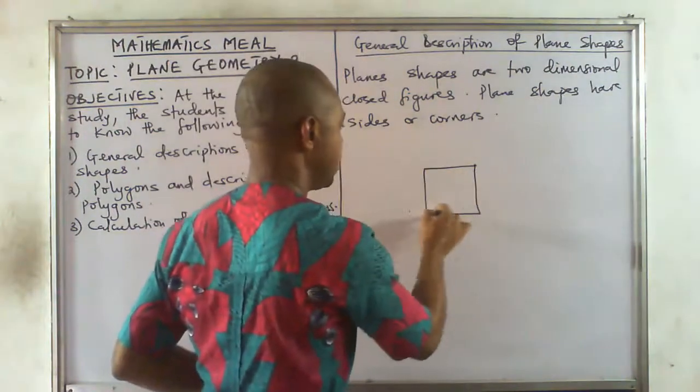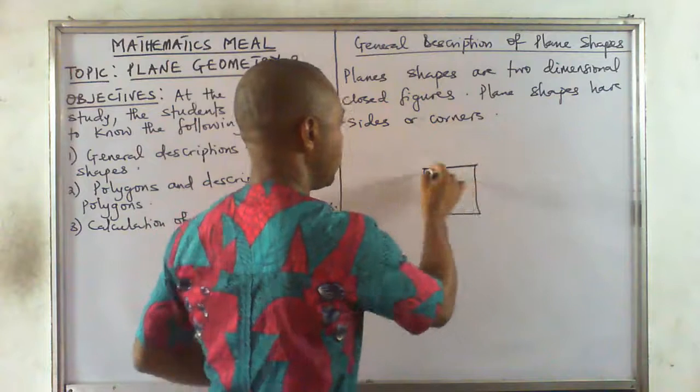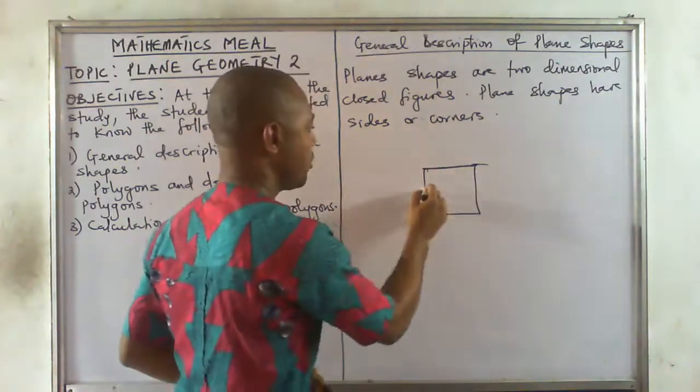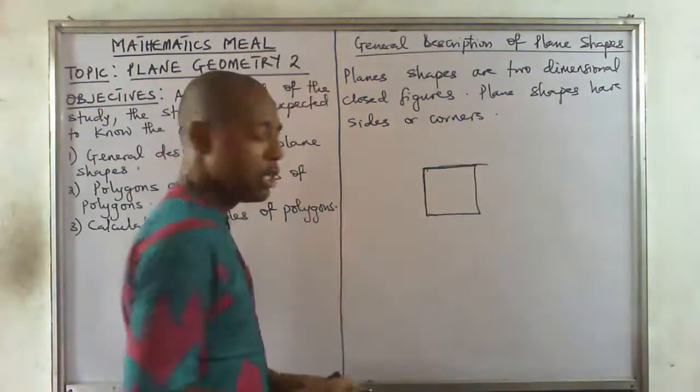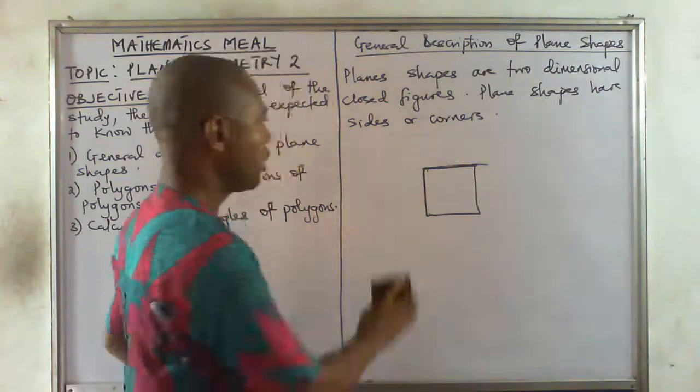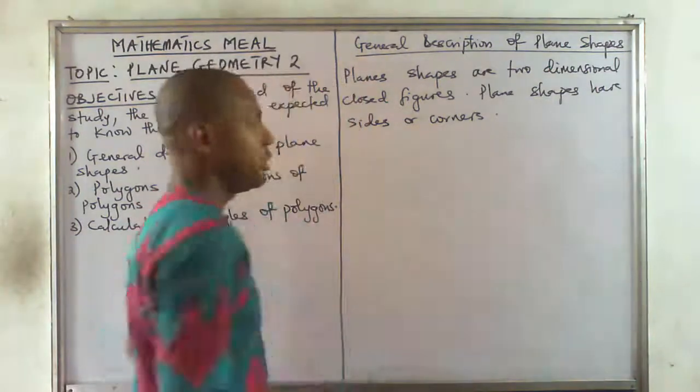This is a side, and this is a corner, because from here it turns to this. So this is a corner, this is a corner, this is a corner. So sides and corners, that's in a plane shape.